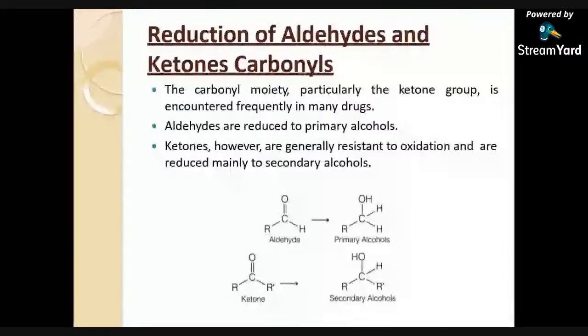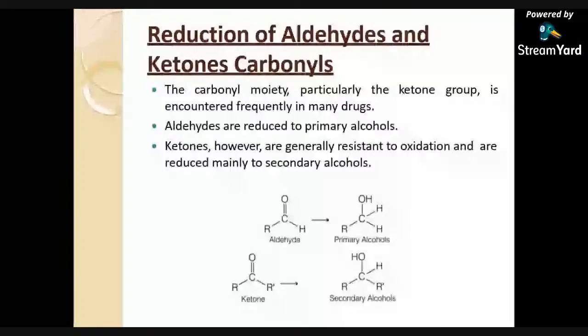Aldehydes are reduced to primary alcohols. Ketones, however, are generally resistant to oxidation and are reduced mainly to secondary alcohols. You can see the reaction here. The aldehyde is reduced into the primary alcohol.